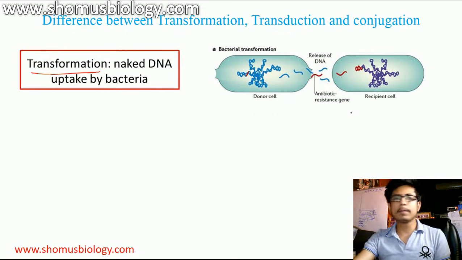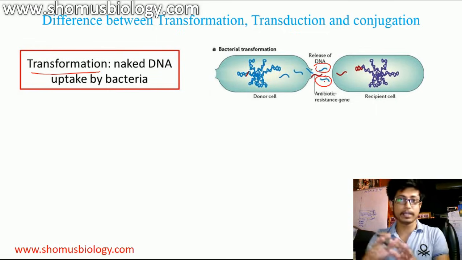Now maybe in the same environment there is a recipient cell, from the same progeny, the same generation. That recipient cell can sense the environment that is filled with so much DNA content, fragments of the DNA, so it can easily take up any of those fragments inside the cell.